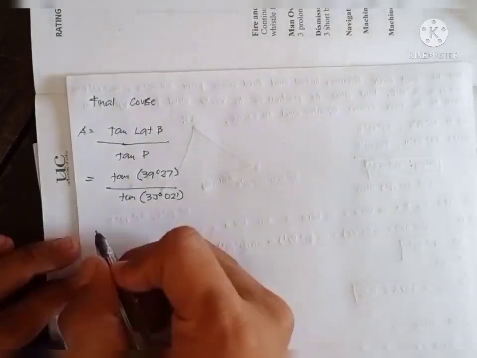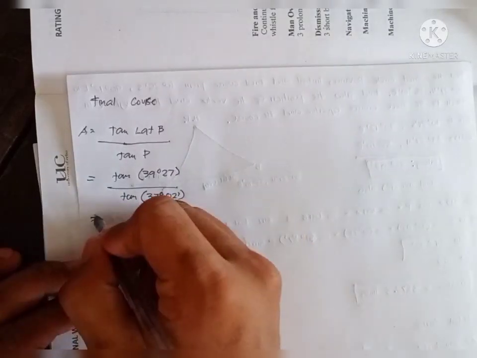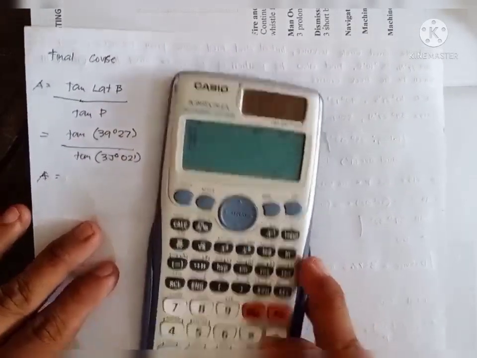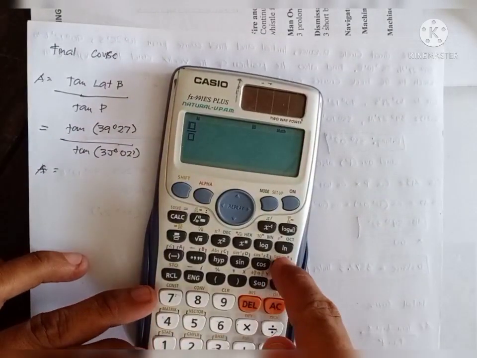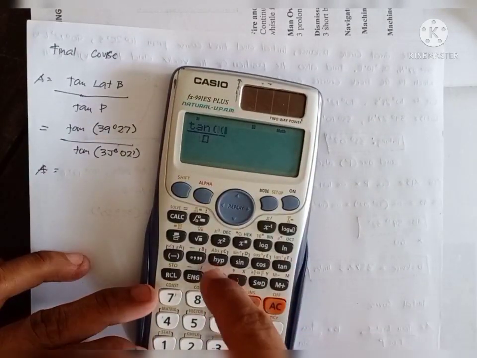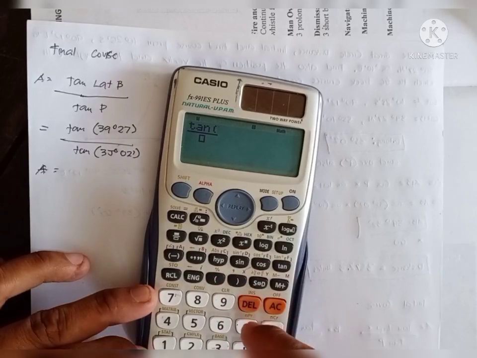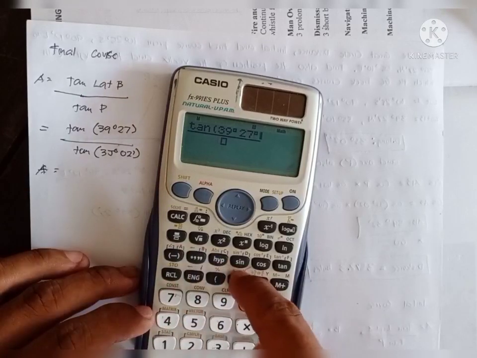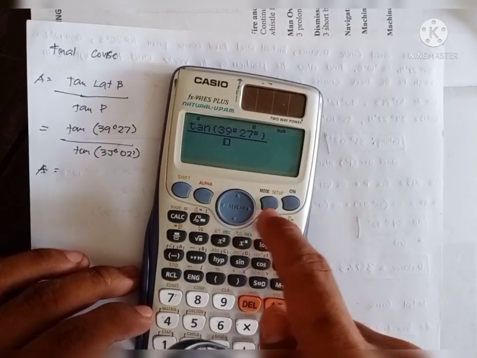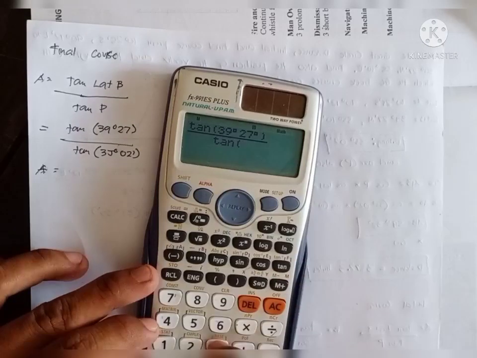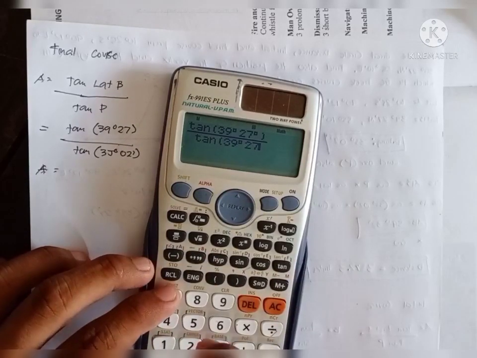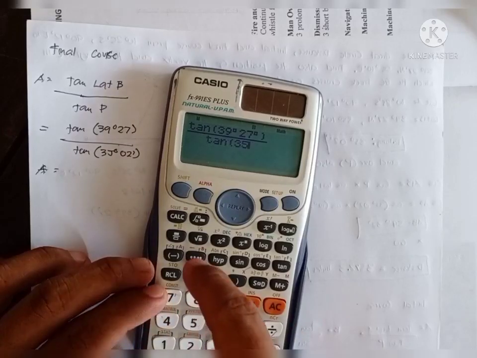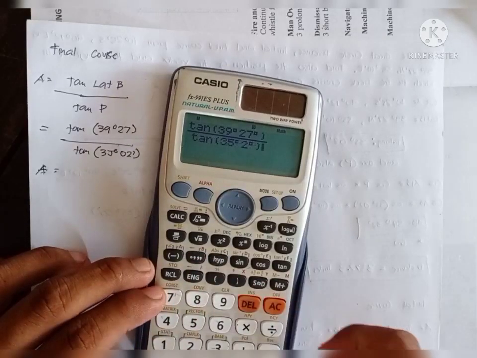So next thing to do is to compute A. Tan 39 degrees 27 minutes over tan 35 degrees 02 minutes.